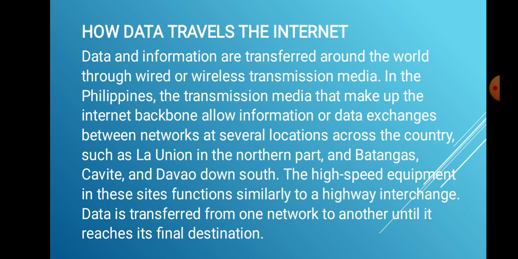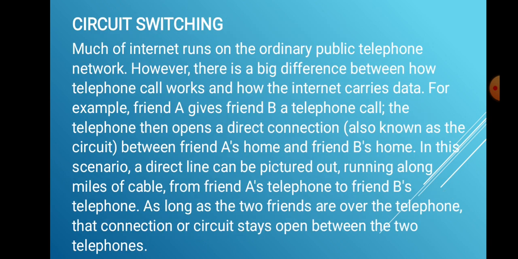Data is transferred from one network to another until it reaches its final destination. Circuit switching. Much of the internet runs on the ordinary public telephone network. However, there is a big difference between how a telephone call works and how the internet carries data. For example, friend A gives friend B a telephone call.